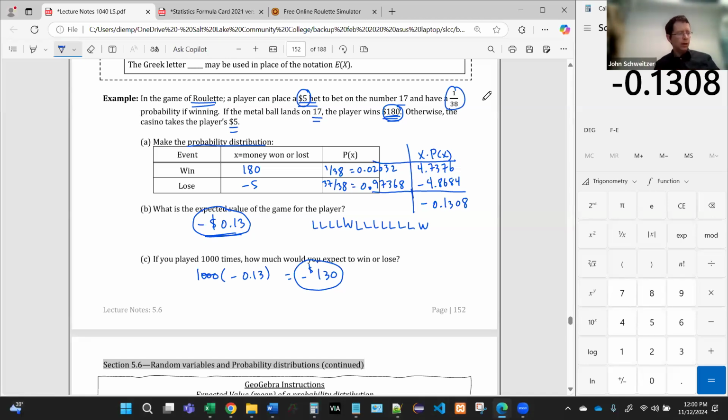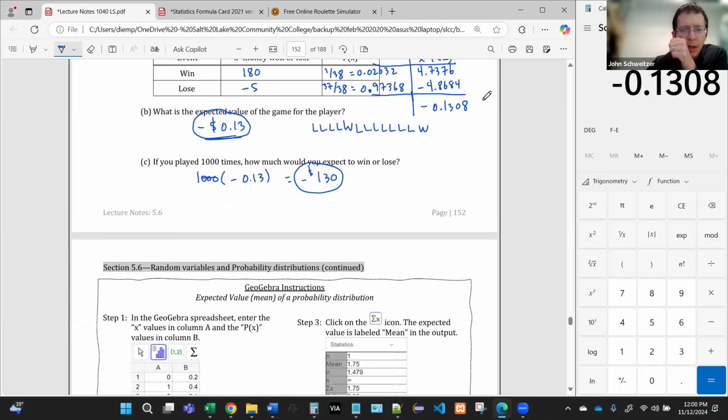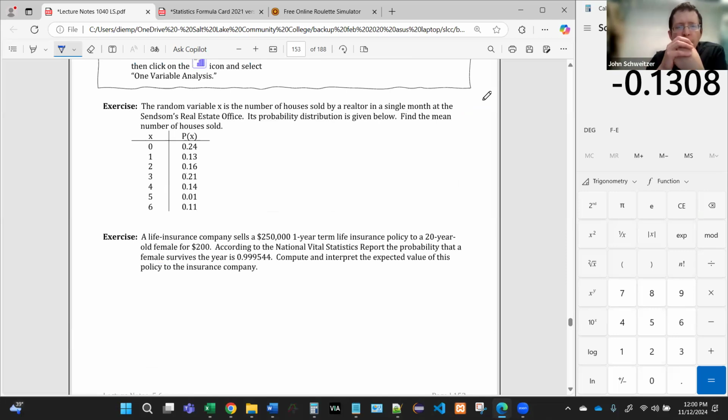Let's do another one about a topic totally unrelated to gambling, or at least seems like it would be unrelated to gambling. Let's look at real estate for a second. So here we have this real estate office, and they'll have these data sets where they look at how many homes were sold, just typical information they would record, and we're going to think about the mean or average number of homes sold.